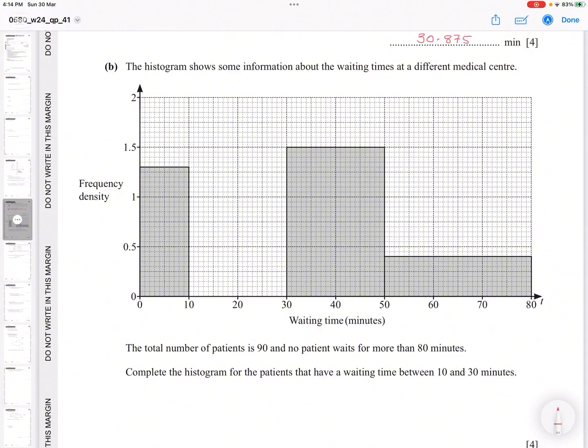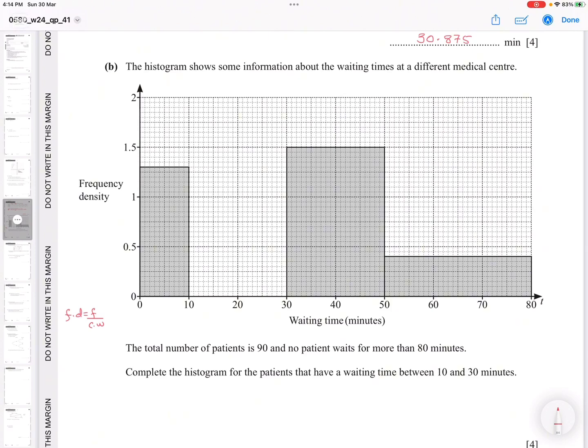As we know, frequency density is calculated by the formula: frequency density equals frequency divided by class width. So we have to find the frequency of each bar first.